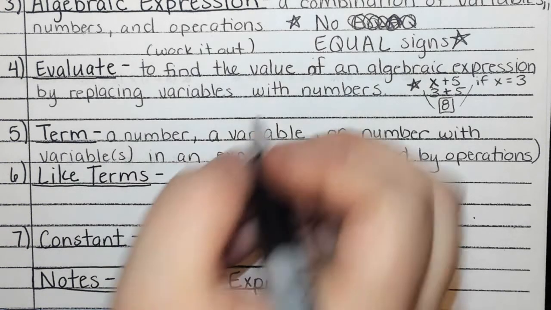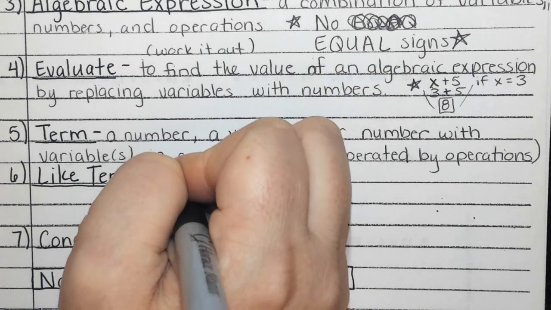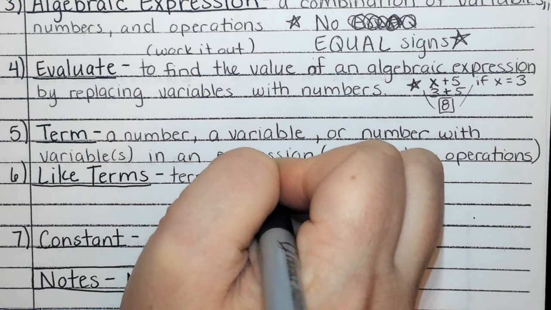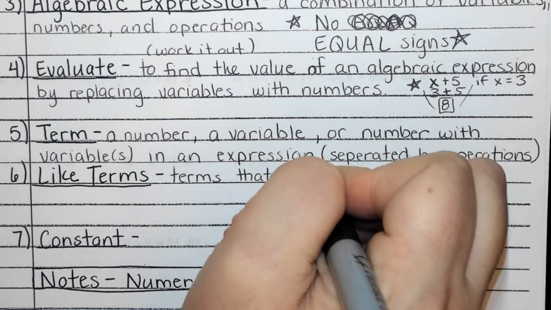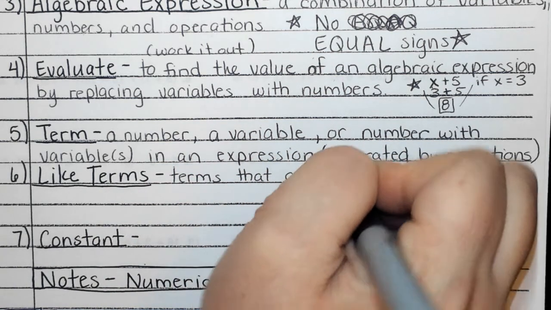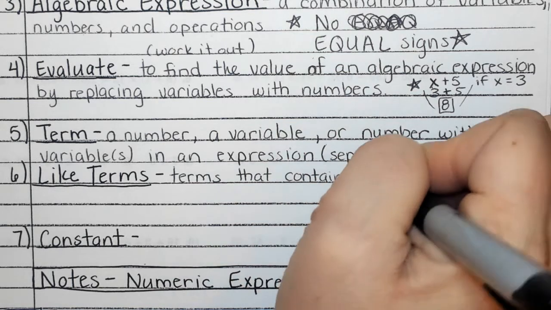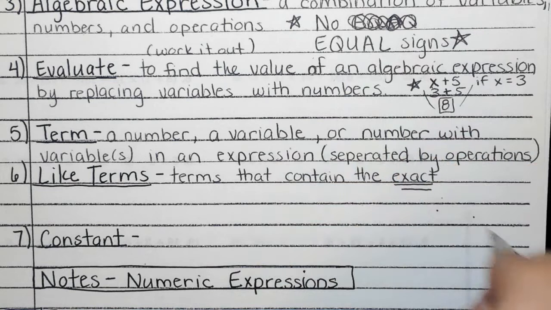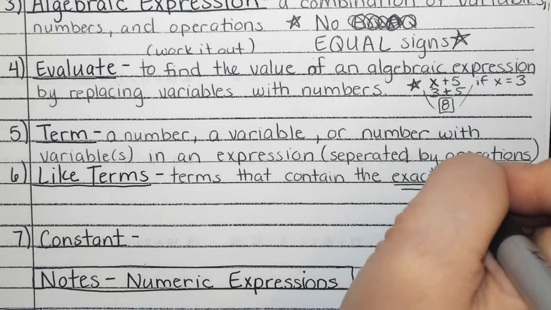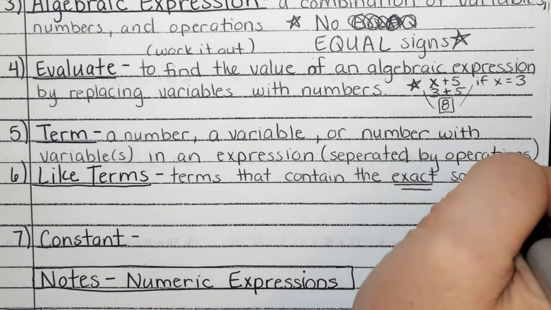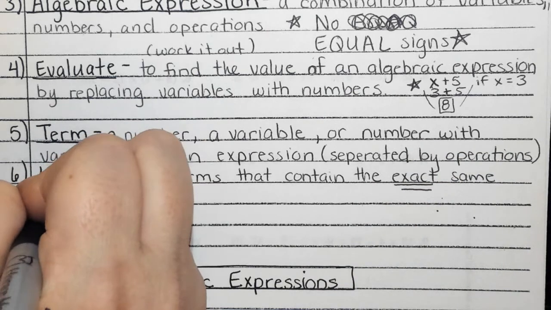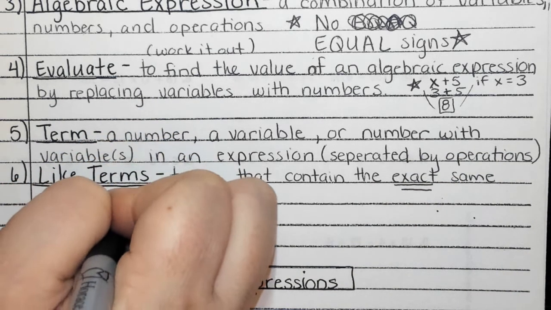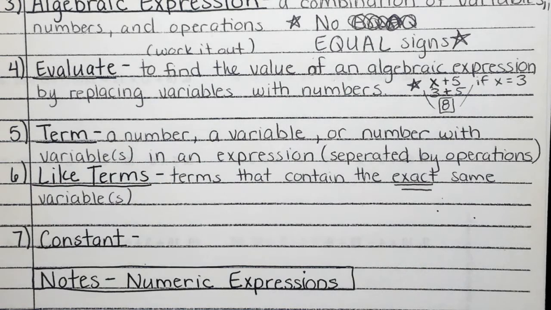So like terms are terms that contain the exact, and that's really important, it has to be the exact same variable, or variable(s). It could be plural, so I'm putting an S in parentheses.